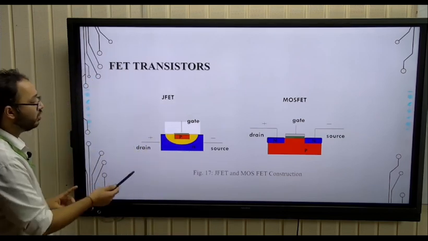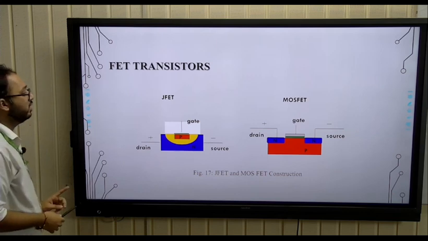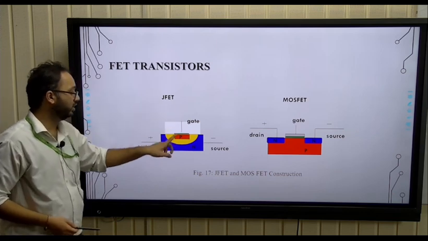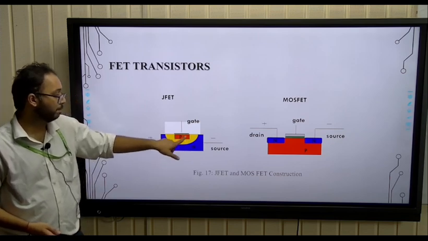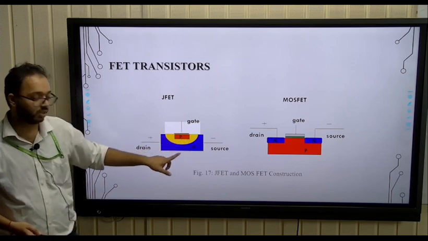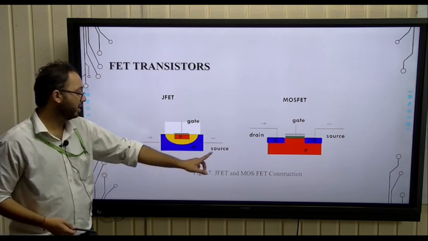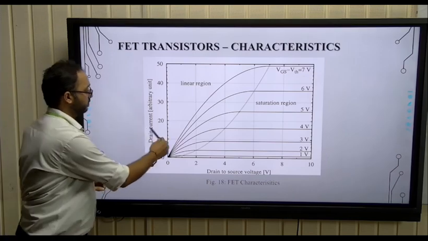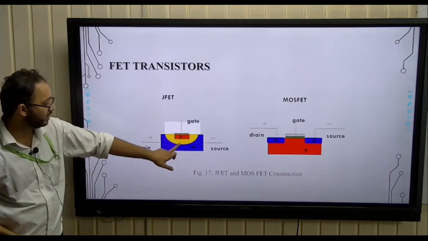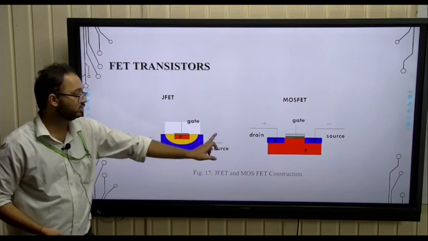These are the two configurations that are mostly used, where junction FET is because you are having a junction between P and N. As you can see, I have applied drain and source here. I have applied gate voltage here, and that helps in conducting from this to this side.